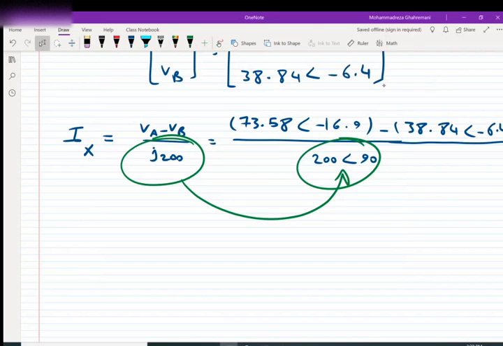I'm sorry, let me just fix it. Okay, in order to subtract the two polar numbers, we need to convert them to rectangular form and then subtract them.